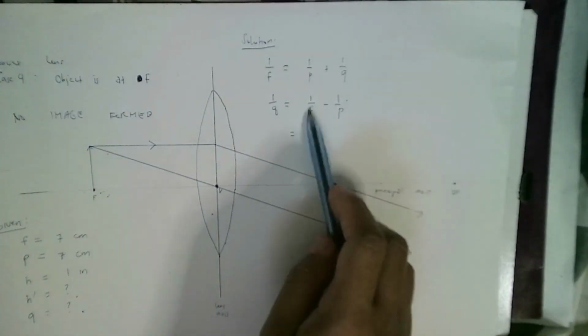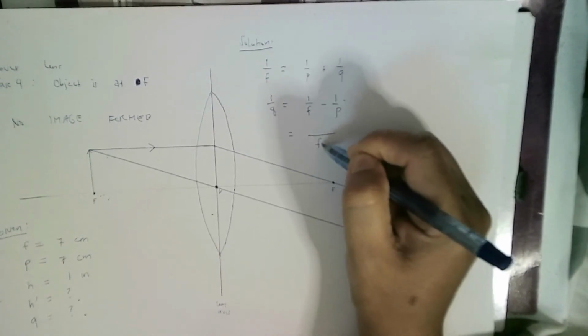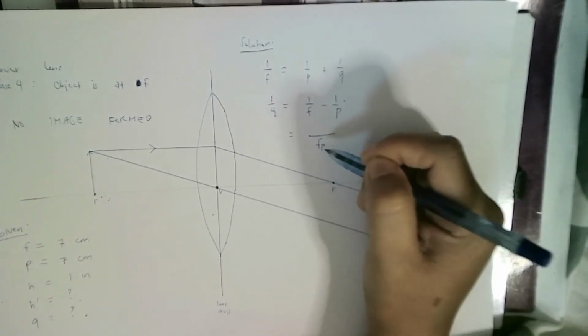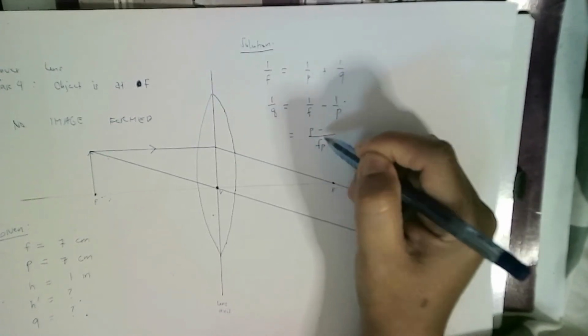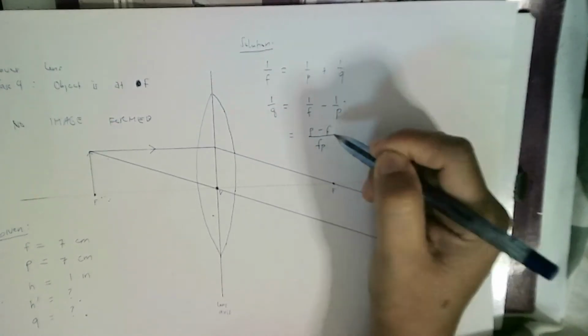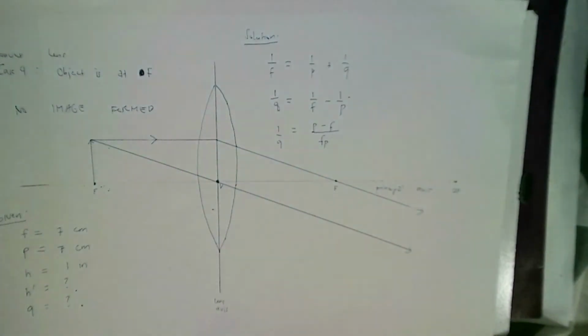And then these two terms here, I want this to be one term, so I'm going to join these two fractions together. So this is their common denominator, fp. Fp divided by f is p, minus fp divided by p is f. So therefore 1 over q is p minus f over f times p.